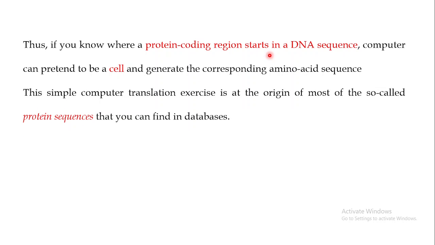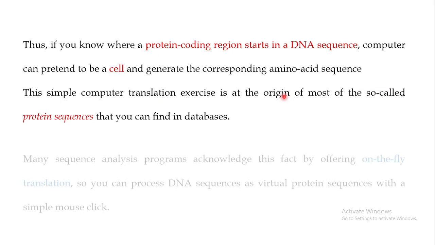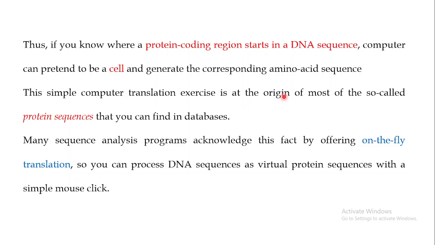So this simple computer translation exercise is actually at the origin of most of the so-called protein sequences that you can find in different protein databases that are available on the internet. Many sequence analysis programs acknowledge this fact that if you give them a DNA sequence, they are going to convert it into triplets, and they are going to give you the corresponding amino acid sequence.